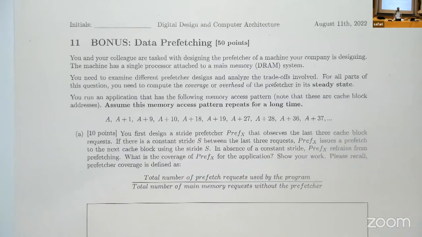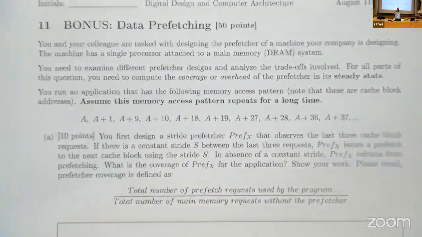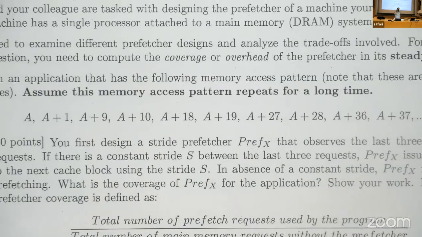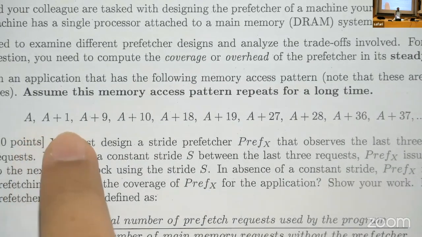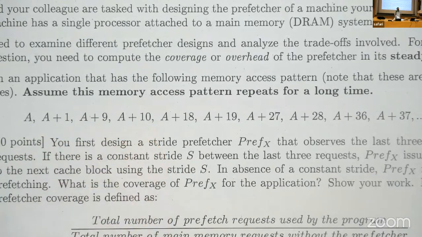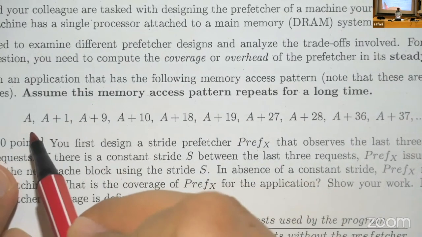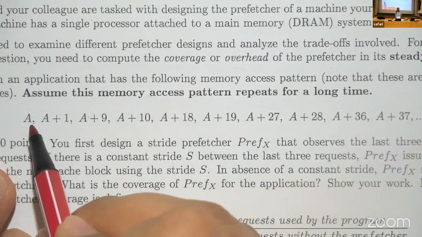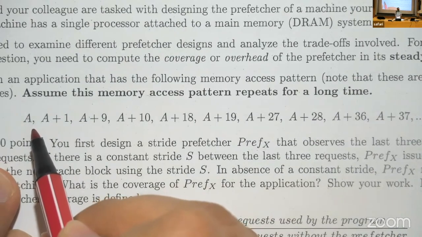So this is about data prefetching, and as you can see, we have this kind of access pattern here, right? So it first goes like A plus 1, A plus 9. If you look at the stride in this access pattern, you access address A, and this is a cache line address.